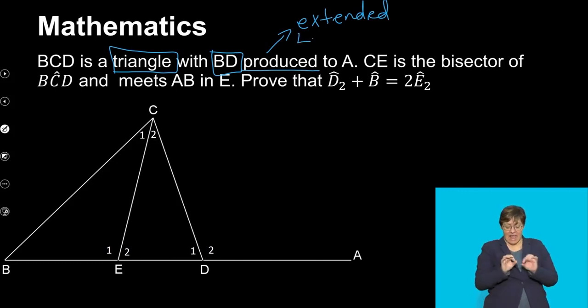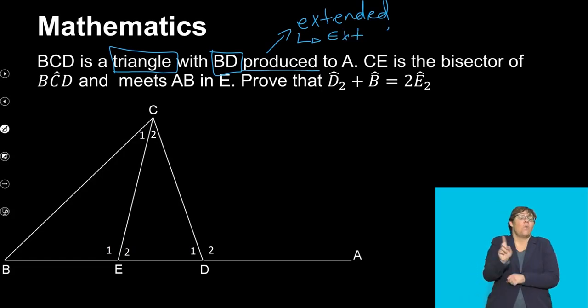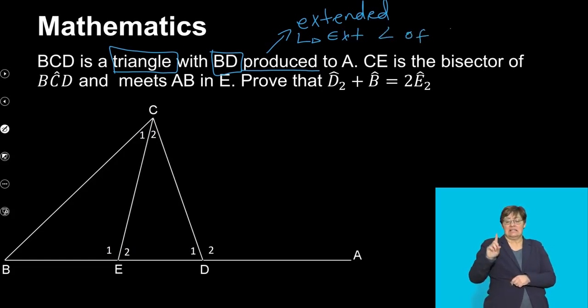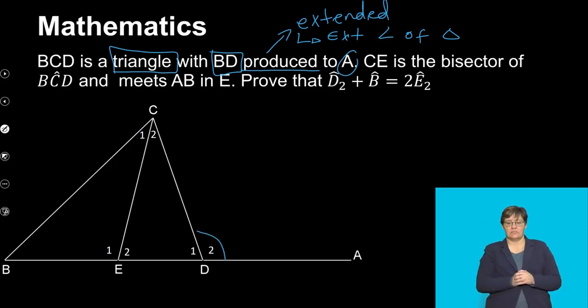Now, because of that, the implication is I can talk about the exterior angle of a triangle. Why? Because I know that one side is produced, or extended, to the point A. So in simple terms, I can talk about angle A, which is angle D2, being equal to D plus C there, right?